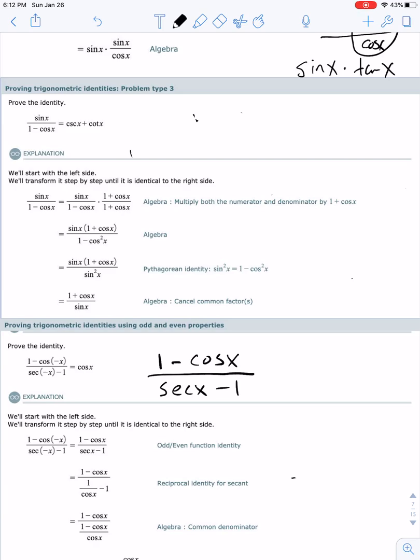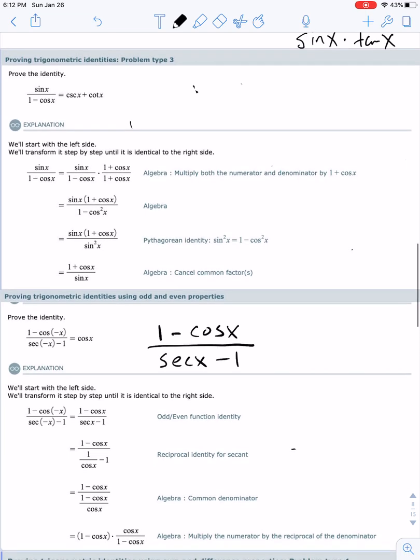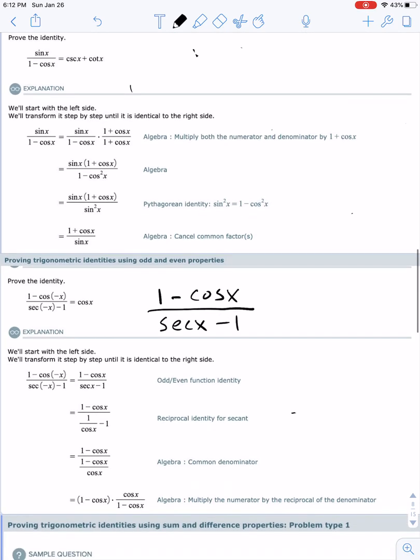So we still need to prove that that is equal to cosine x. There are a couple of approaches we could take, but we could go ahead and rewrite this denominator in terms of sine and cosine, or in this case cosine. So that's 1 minus cosine x over 1 over cosine x minus 1. Common denominator for the denominator.